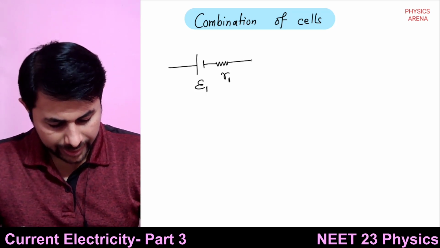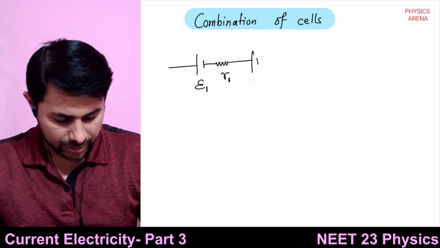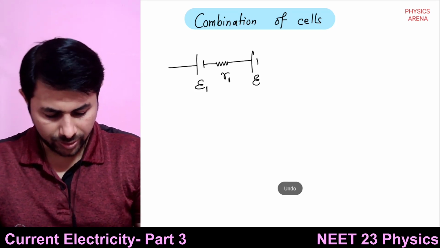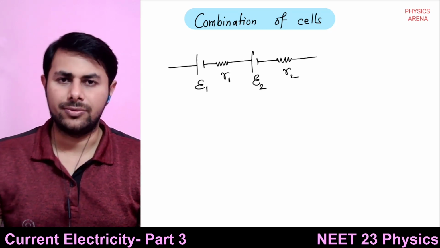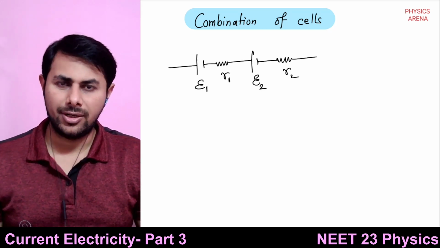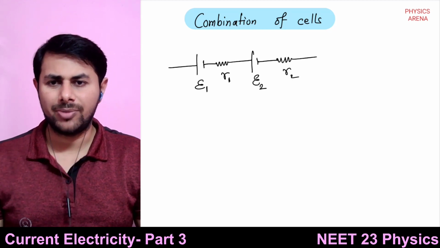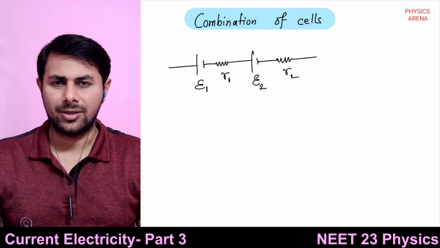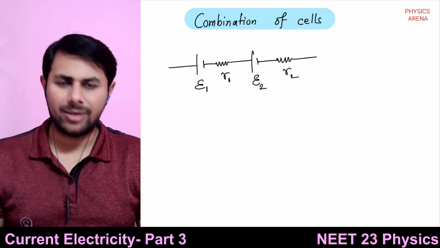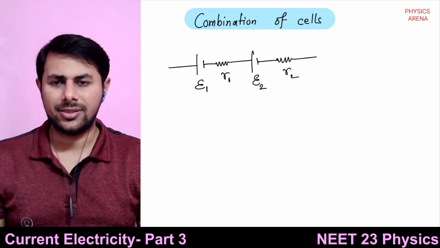Then I take another cell with EMF epsilon 2 and internal resistance, suppose, R2. And I connect them in series combination. What will happen? How much would be the net EMF and net resistance?